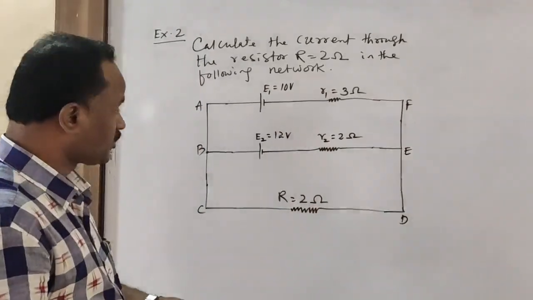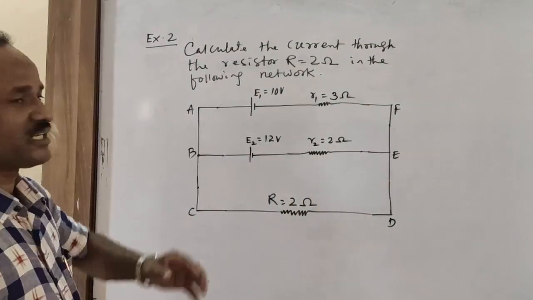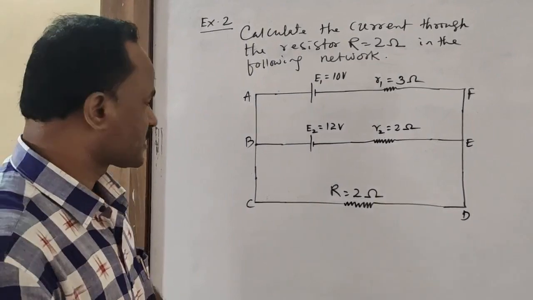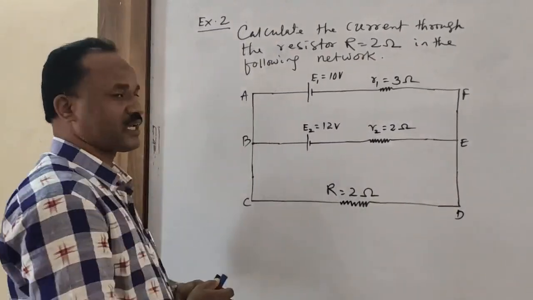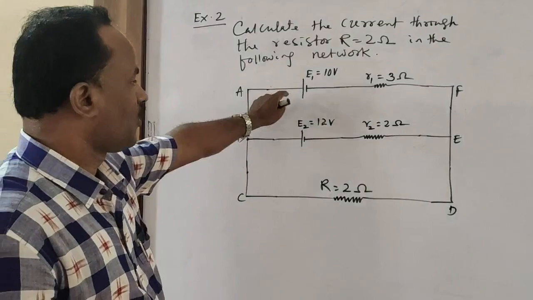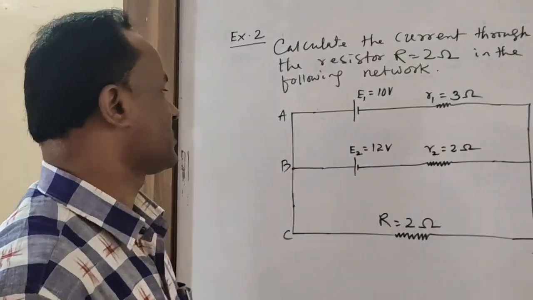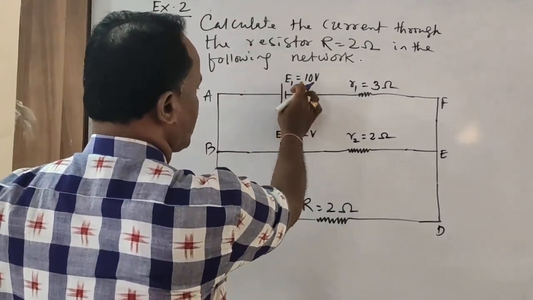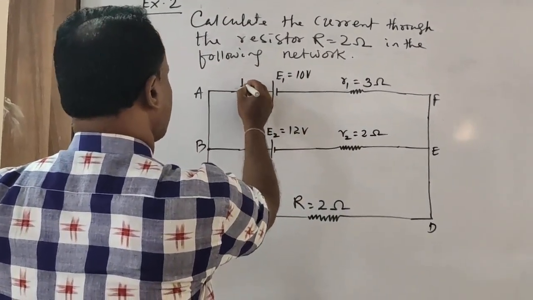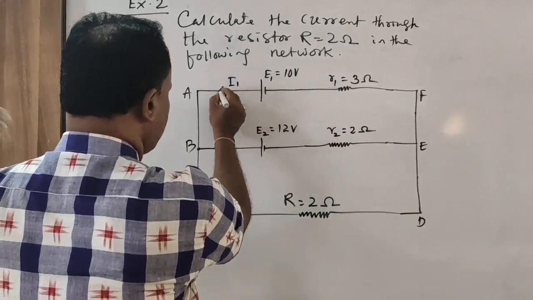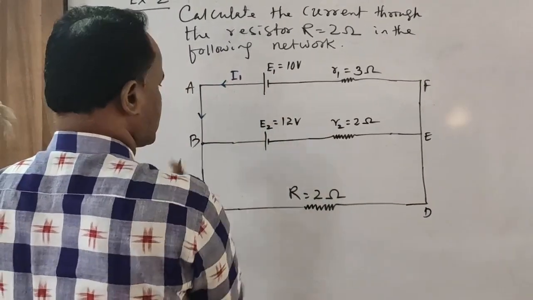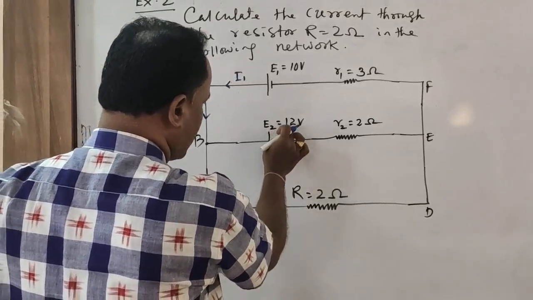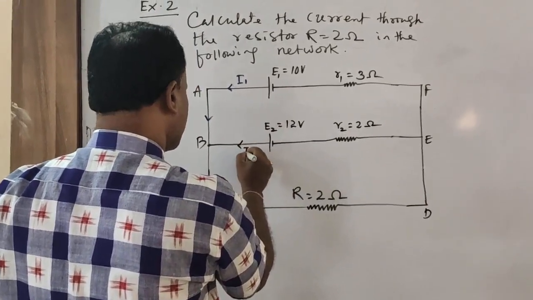So to find the current through the different branches, at first see the distribution of current according to Kirchhoff's current law. And before discussing Kirchhoff's current law, see the direction of current due to the sources of EMF connected in the circuit. Suppose the current provided by the cell of EMF 10 volt is I1, and this current flows in this direction, and suppose the current drawn from the cell of EMF 12 volt is I2.